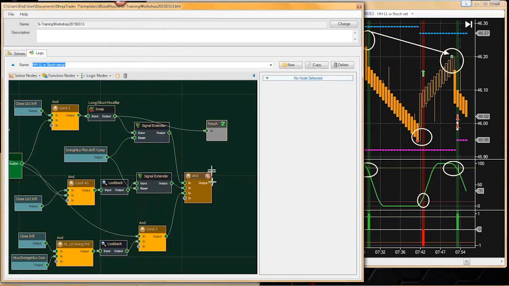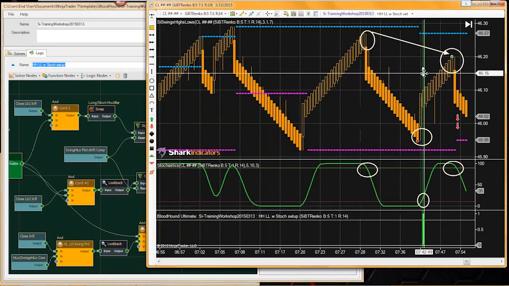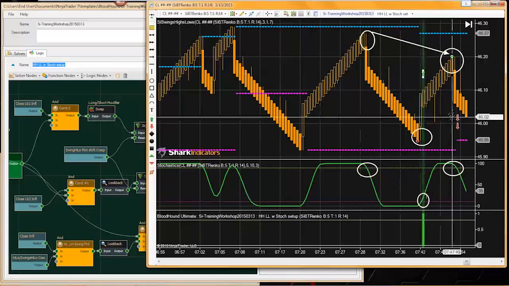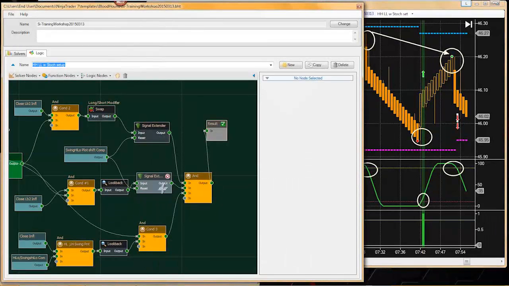So let's take a look at the AND node and see if we got it yet. Nope, not yet. The long trade is still working, so that's good. We don't have a short one yet, so let's find out what's going on.